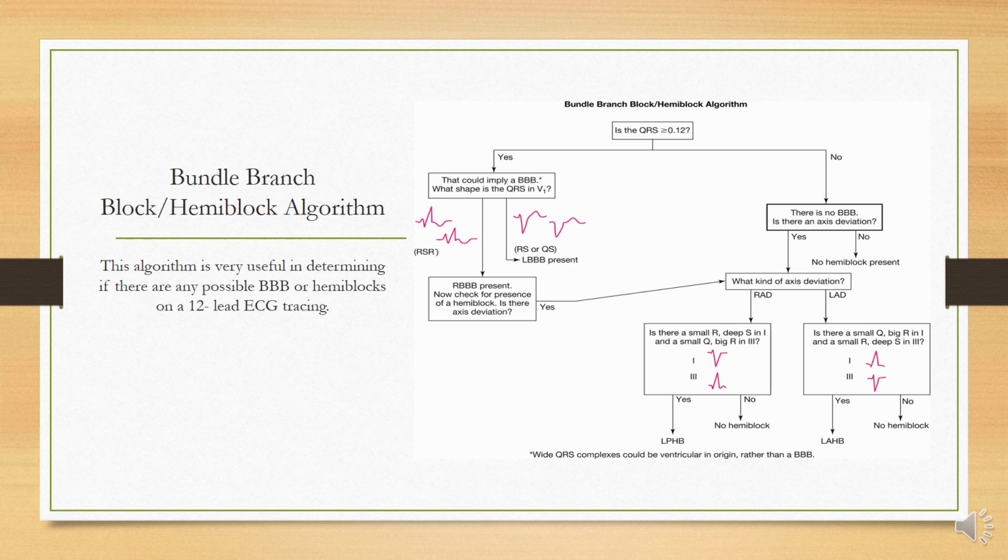If there's no bundle branch block and we have a RAD or LAD, we still have to determine if we have a possible hemi block associated also. So this algorithm will be your Bible in order to determine bundle branch blocks and hemi blocks. This is the easiest way, and it gives you all the clues in looking for bundle branch blocks and hemi blocks.